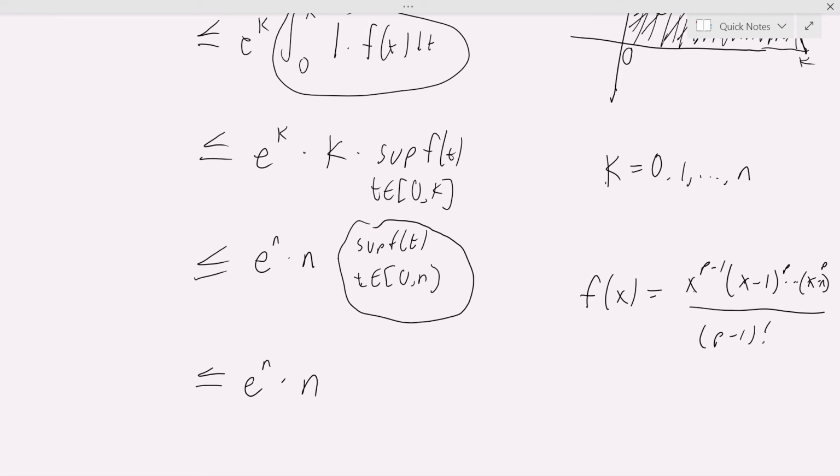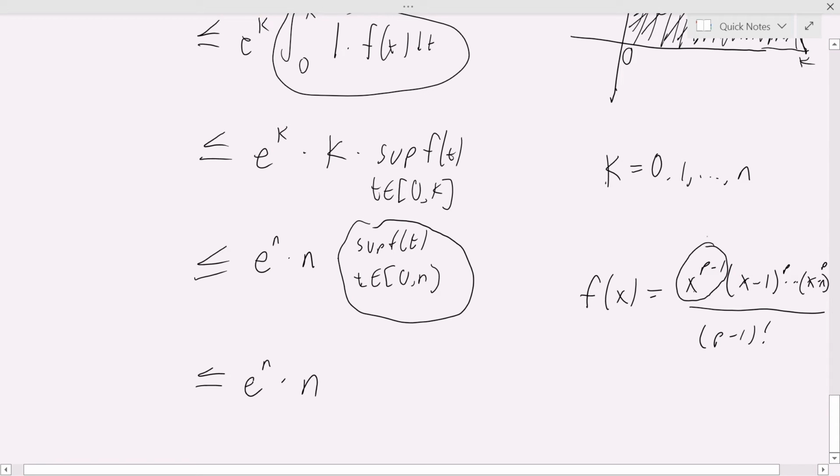So an upper bound on this function over the interval 0 to n, which will then necessarily be at least the supremum, what we can do is, first, replace x to the p minus 1 with an n to the power p minus 1. We, of course, can't go any larger than that over the interval 0 to n. Now, x minus 1 to the power p, we can replace that with an n to the power p. And we can similarly do that for every factor of x minus i to the power p.